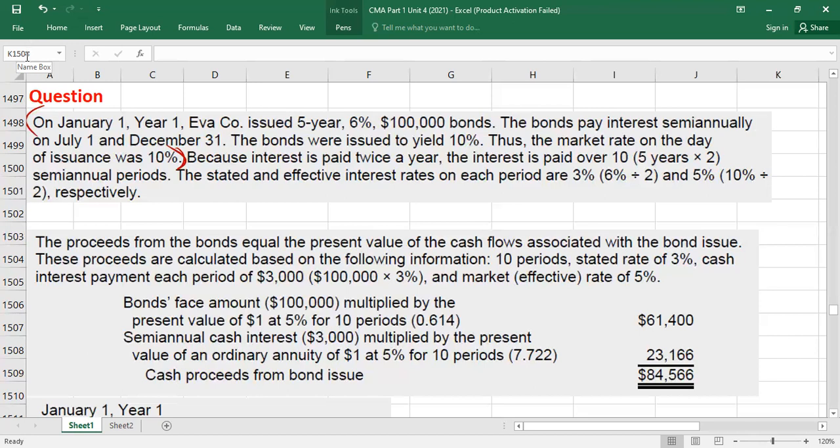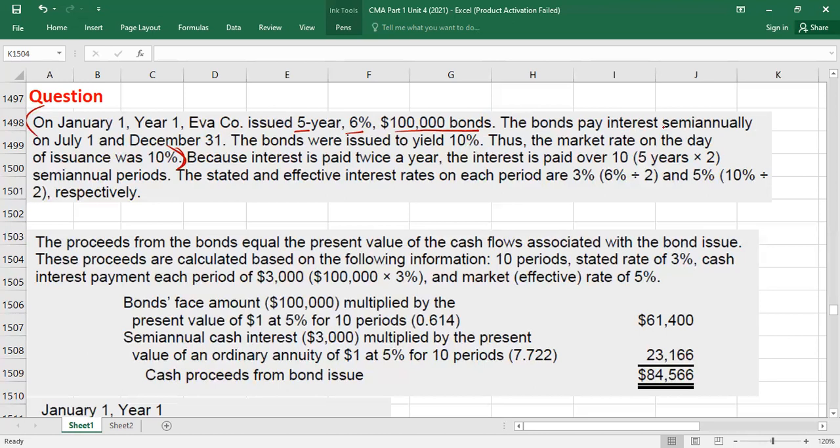So what is the question here, guys? On January 1, year 1, EVA company issued 5 years, 6%, 100,000 bonds. Obviously, 100,000 cannot be the value for one bond. It is the total value. Up to 5,000 we can assume it is for one, but 100,000 is not possible, right? We'll assume it's the total face value.